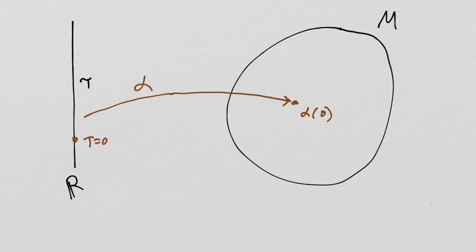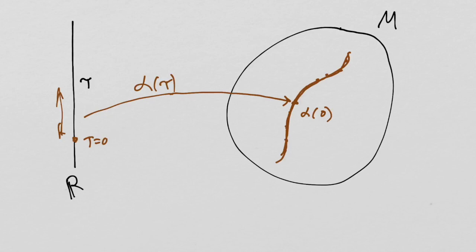And then as tau moves up and down the number line, this is going to trace out a variety of points in the manifold, right? And those points will also have a locus, and that locus is the curve alpha of tau.